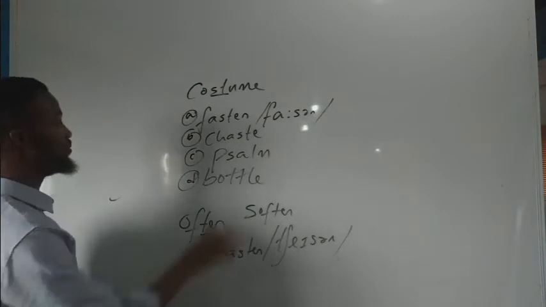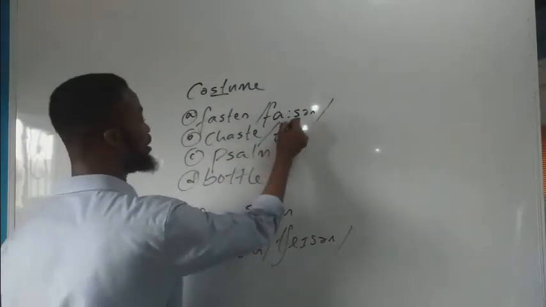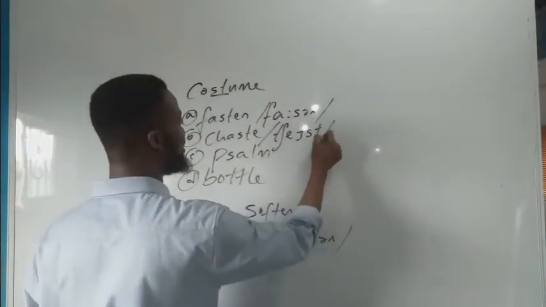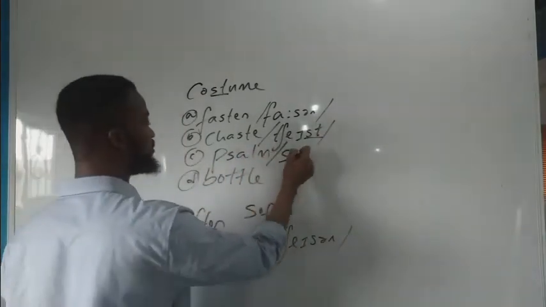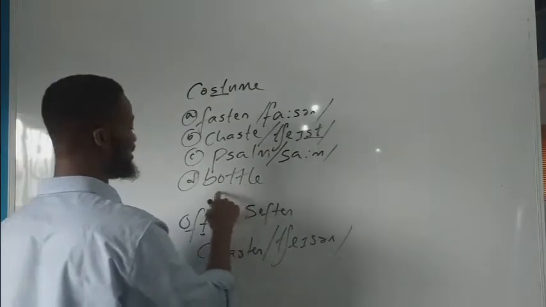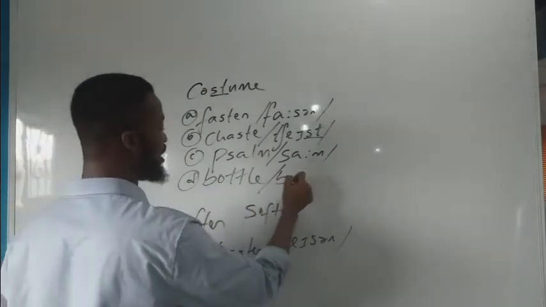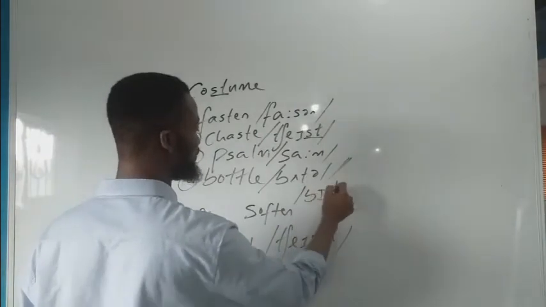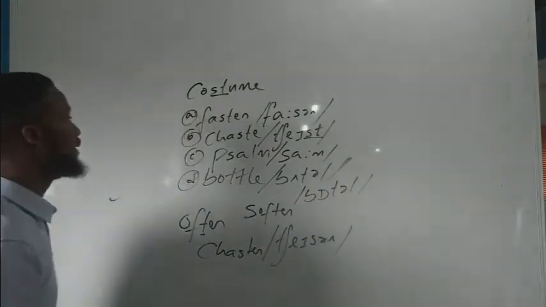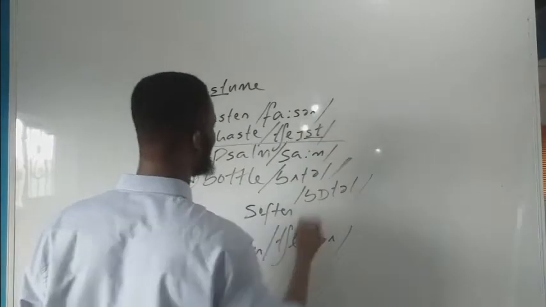T is silent, so that's not our answer. This word is pronounced as chaste. This looks like what we're looking for, chaste. P and S is gone, of course. This is pronounced sound. S and T, they are not together, and this word is pronounced as butter. And sometimes it's pronounced bottle. Alright. So our answer obviously is option B.